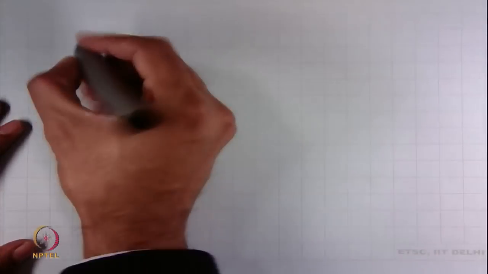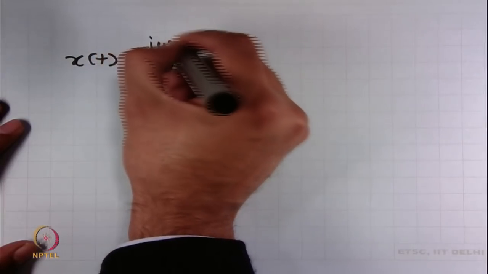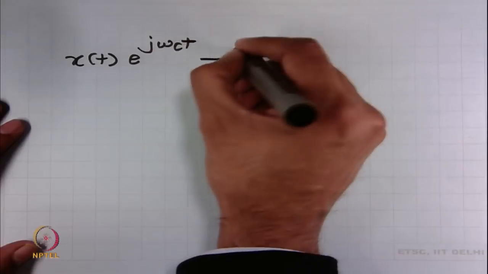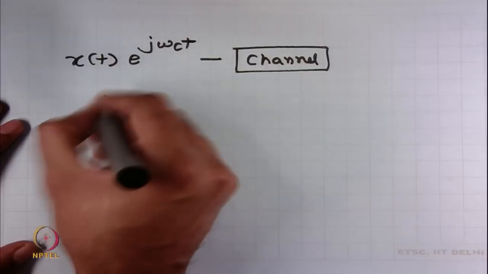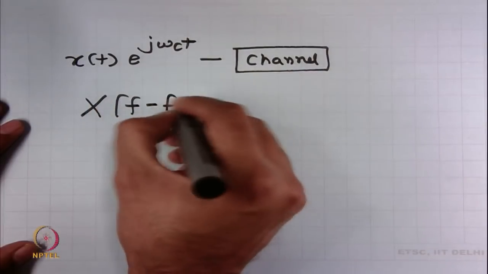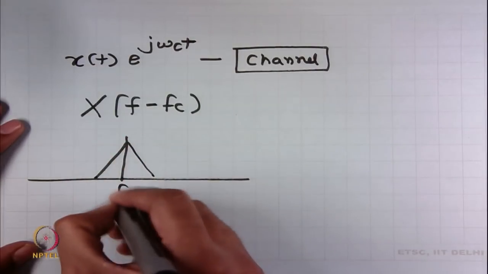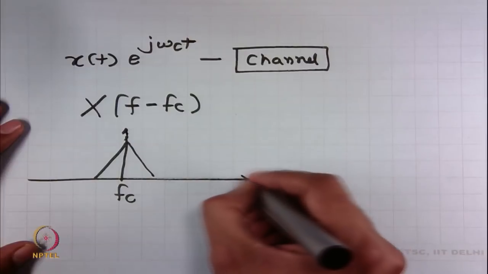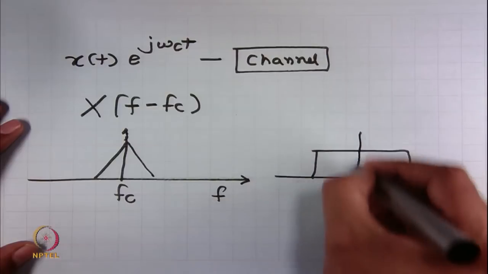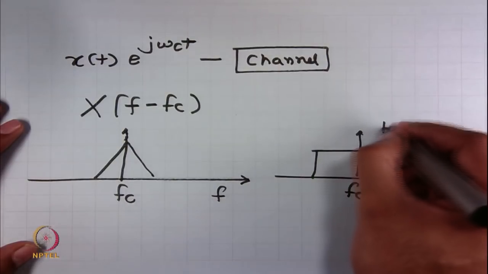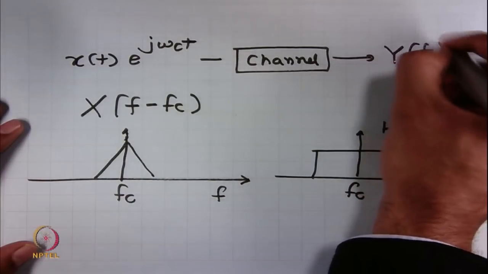So, now if you want to pass this x(t) e^{jω_c t} through the channel, this has a spectrum X(f − f_c), so it is centered at around f_c. The channel spectrum as before is centered at around f_c. So, this is H(f).